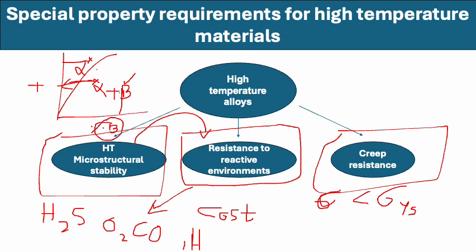So that can have local microstructural instability, and that can also degrade your property. The microstructure affects the resistance, because certain microstructural features such as grain boundaries can be involved in the oxidation. So there is this coupling. The other way coupling is that the reactive environments can lead to local microstructural instabilities.